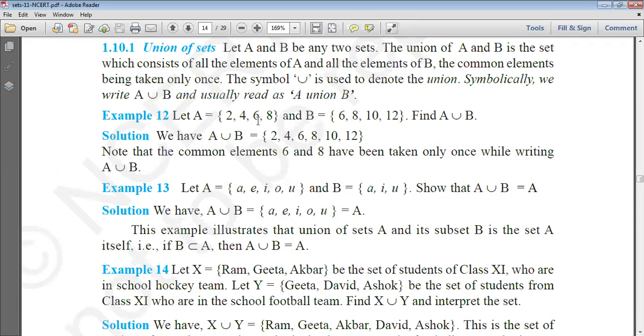Similarly, 6 is present in both of the sets A and B, but we need to write 6 once here because it is just a collection of all elements. Since 6 is there in the union, that means 6 is lying in A, and the same 6 is lying in B also. So after all, we have collected all the elements from A as well as B. So this is simply A union B.